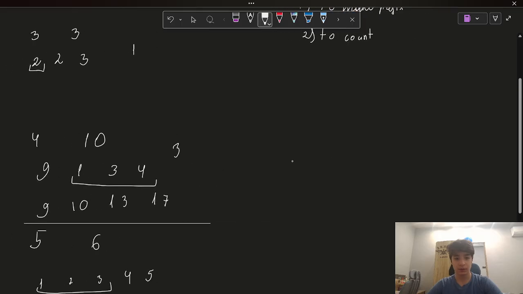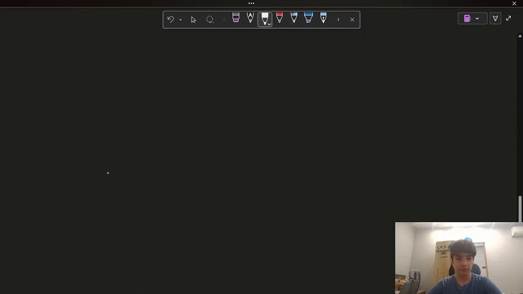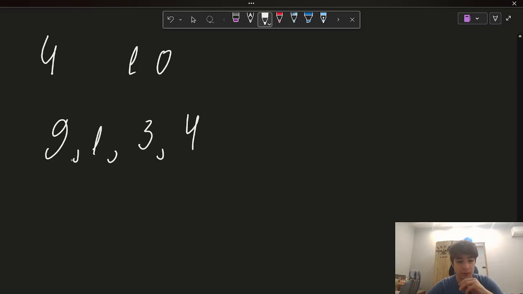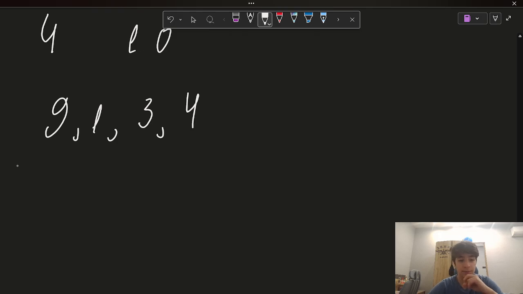We get this array up. 4 and then 10 and then 9, 1, 3, 4. And right there, I could do like type of dynamic programming array.